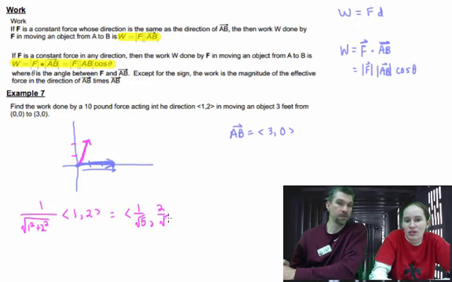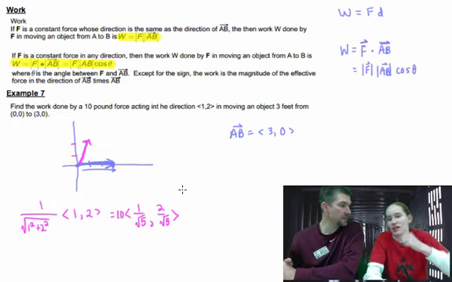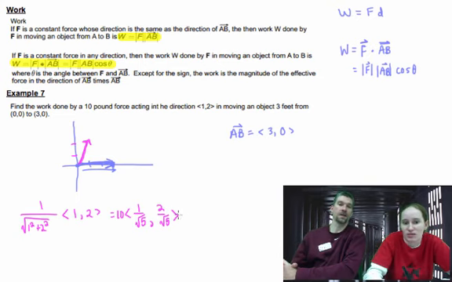The beauty of unit vectors is that if we put the magnitude 10 in front and distribute it through, it gives us the force vector: 10 over root 5 and 20 over root 5.